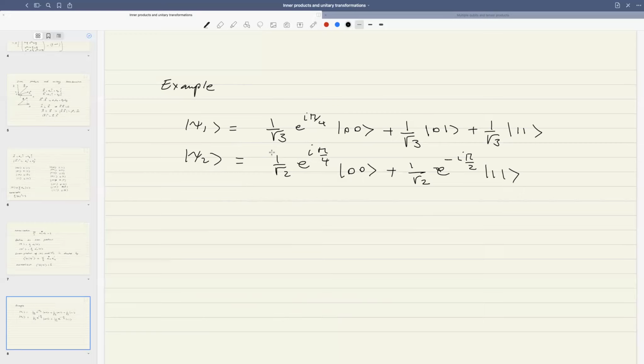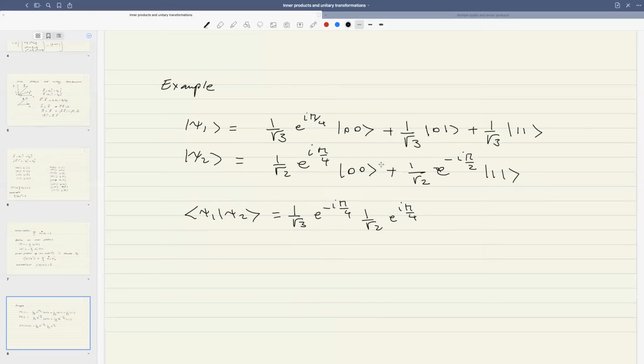And what happens if I want to calculate the inner product of psi 1 and psi 2? For the 0, 0, I have to take the complex conjugate of this and multiply it by that. So I'm going to get 1 over square root 3 e to the minus i pi over 4, multiplied by 1 over square root 2 e to the i pi over 4. The next state is 0, 1, but for this one the coefficient of 0, 1 is 0, so I'm not going to get anything.